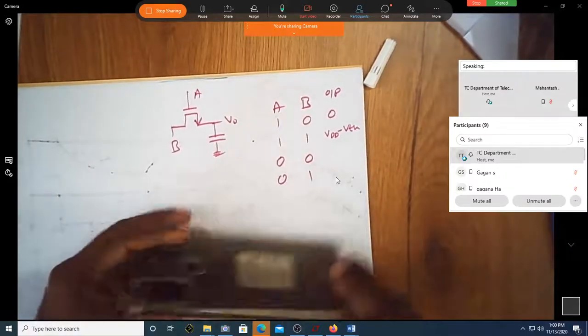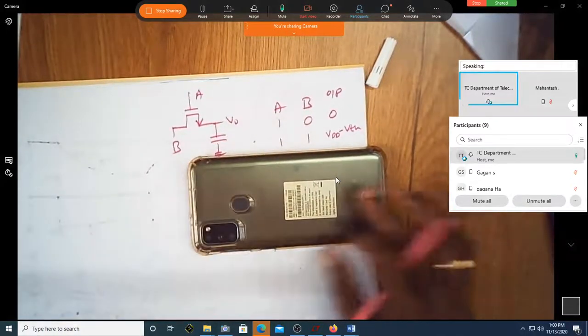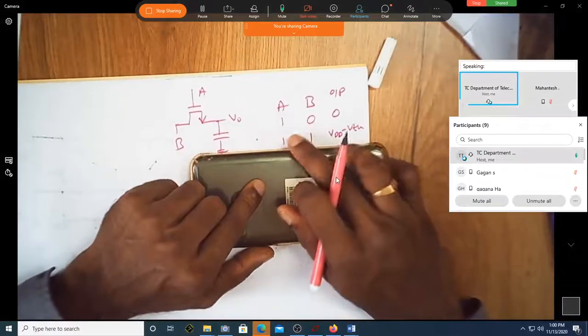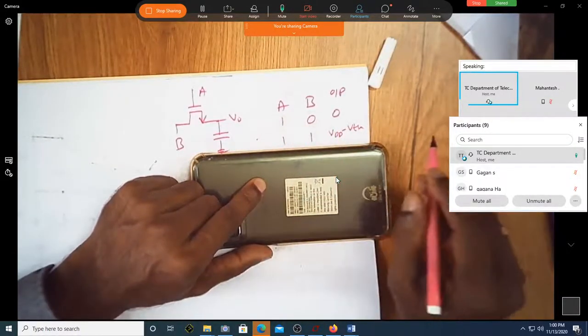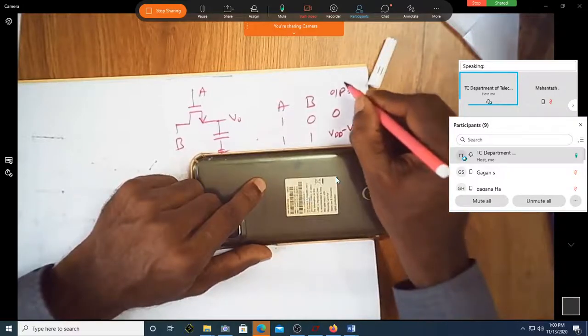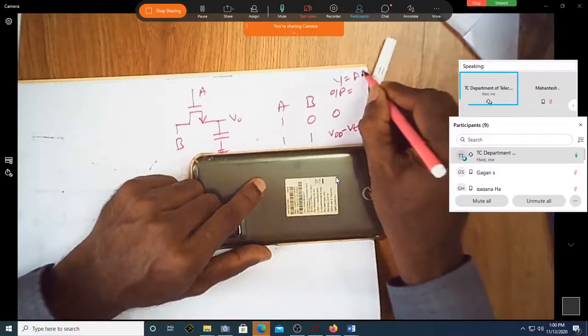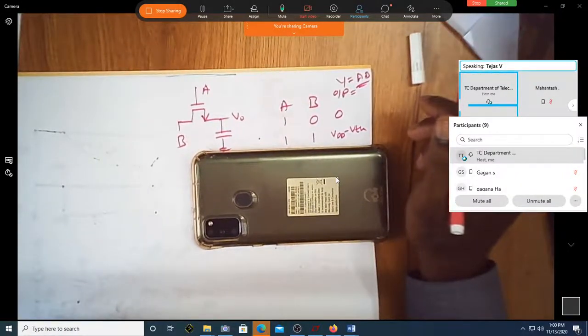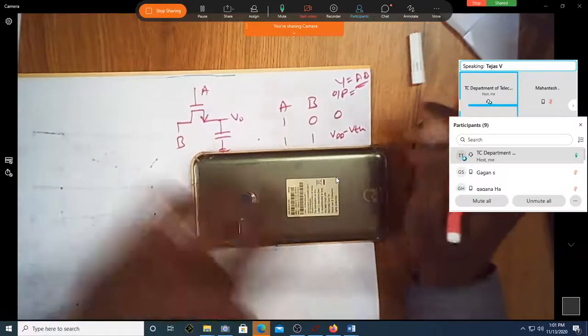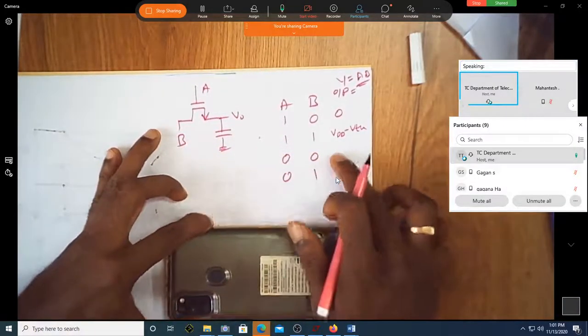Okay, for this particular thing, shall I call this output the AND of A and B? Shall I say Y is equal to A and B? Can I? Yes, sir. For this, what should be the output?